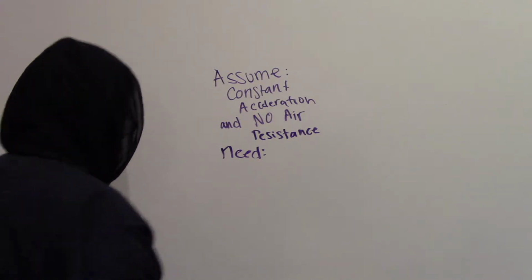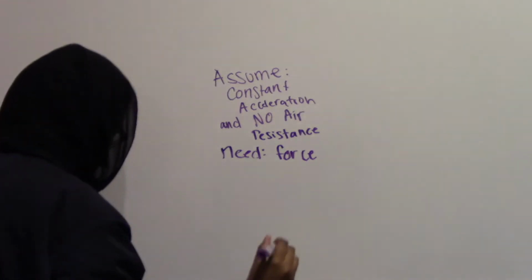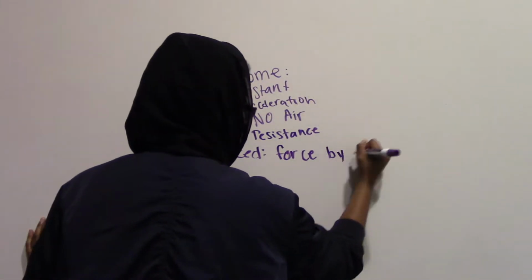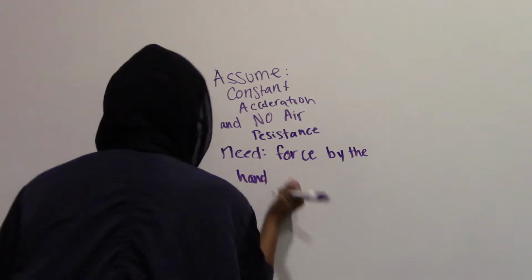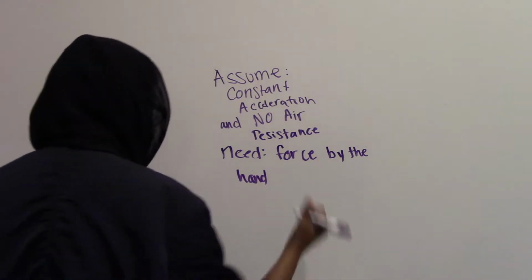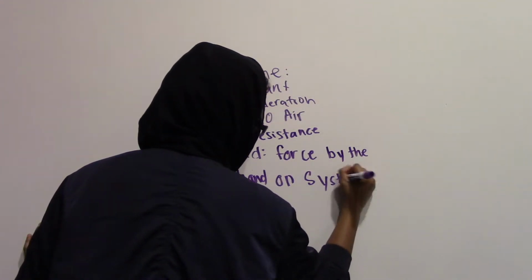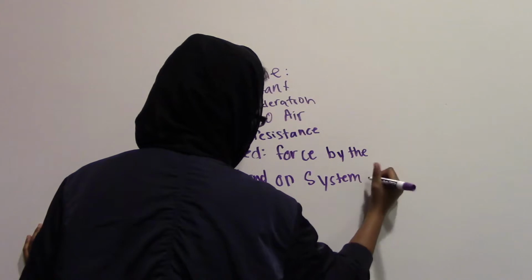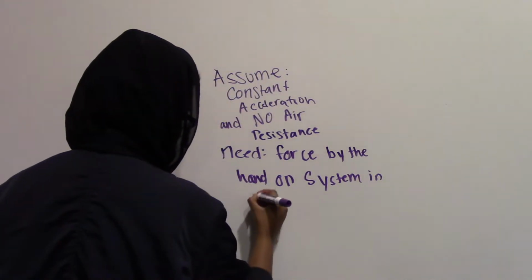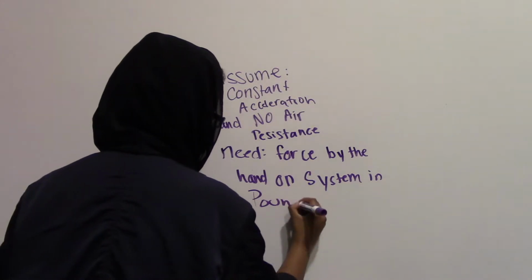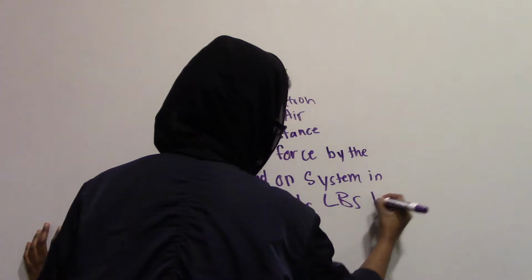We're looking for the force exerted by the hand on the system in, and this is where we're going to have our units. So the question wanted it in pounds, lbs.